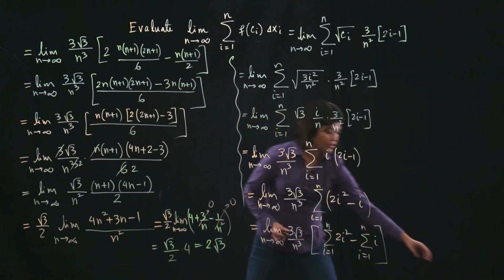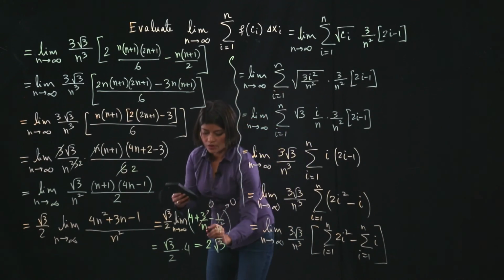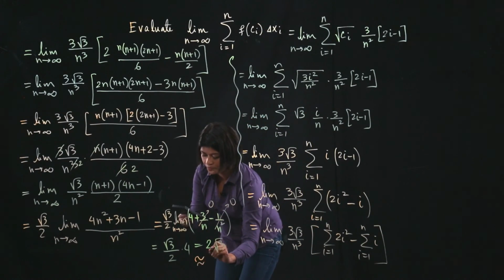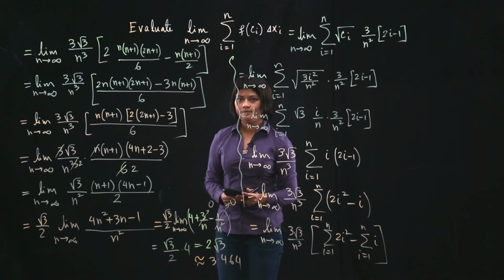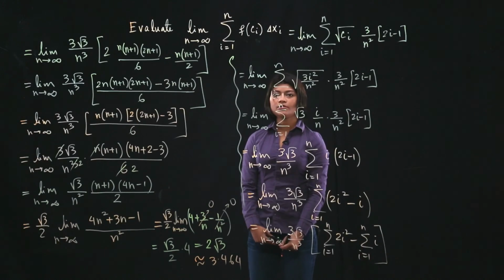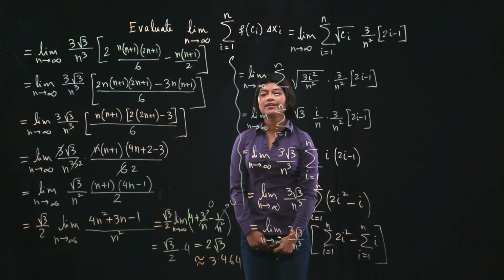You can use a graphing utility to figure out what the value is in decimal. So 2 times square root of 3 is almost equal to 3.464. So that is the answer for this limit of the sum of f of c_i times delta x_i.